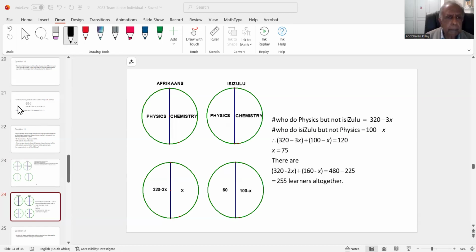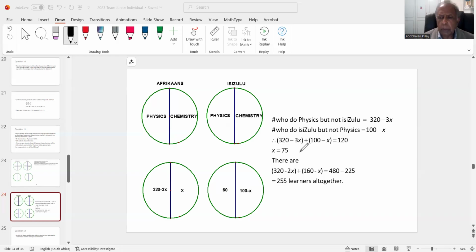And then it's 320 minus 3x plus 100 minus x. Yeah, that's what I said, equals 120.